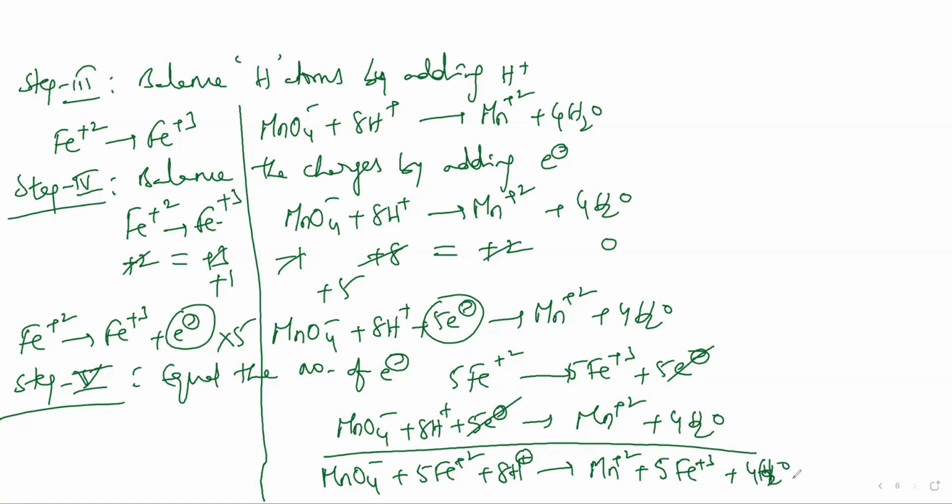Now to check whether our balancing of this redox reaction is correct or wrong, cross-check it by considering charges again. It's minus 1, plus 10, 8 into plus 1.